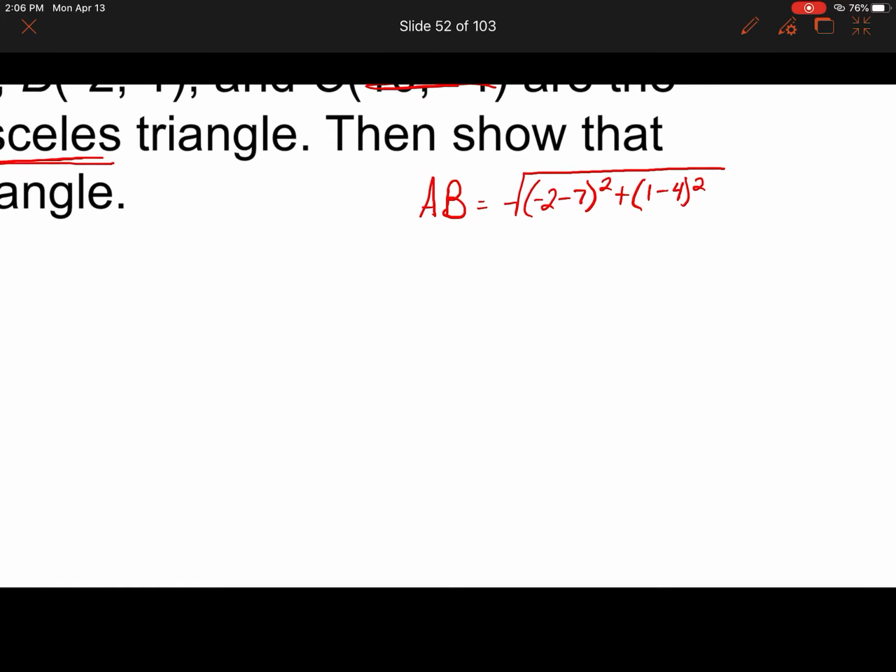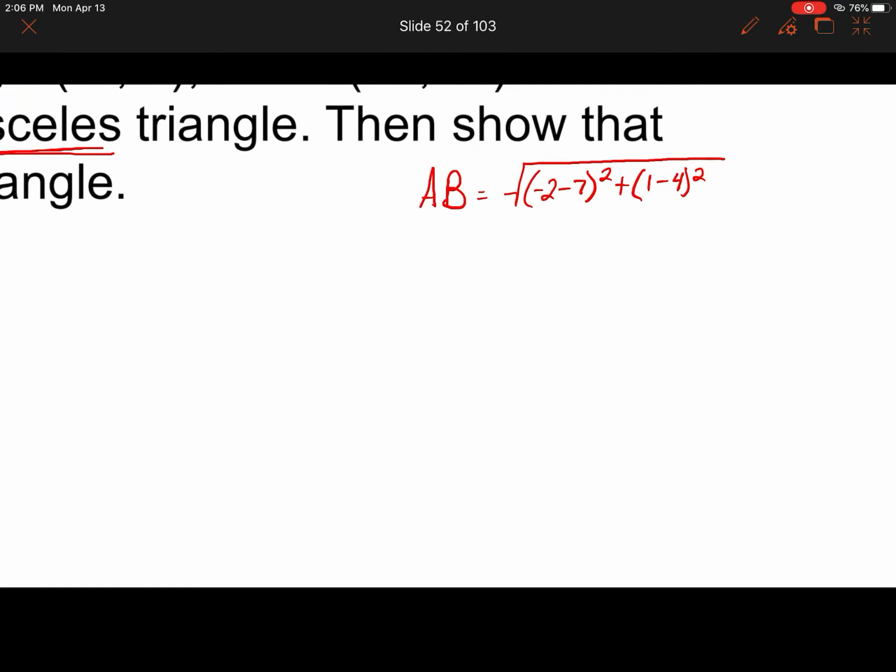Now, we just need to take that and simplify a little bit. And so when we do, and you can punch all this in the calculator if you need to, -2 minus 7 is -9 squared. 1 minus 4 is -3 squared. And then as you simplify that, we have the square root of 81 plus 9, which ends up being the square root of 90.